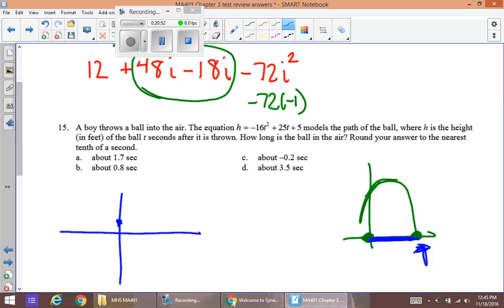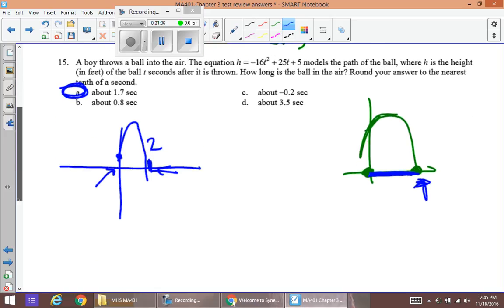It goes up pretty sharply, and it comes down right before 2. This is 2. So if it starts at 0 and comes down right before 2, this is the best answer choice. And that's that.